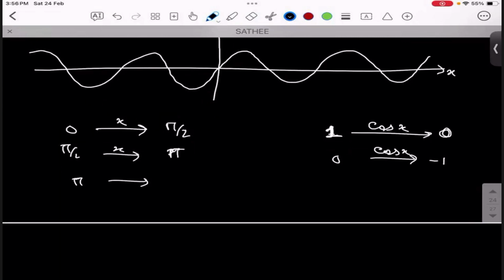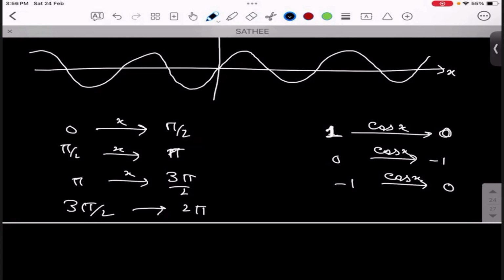Then from pi to 3 pi by 2, again -1 to 0. And after that from 3 pi by 2 to 2 pi, 0 to again 1.